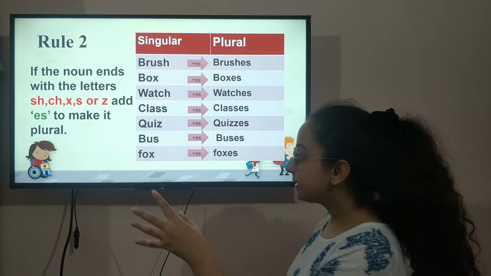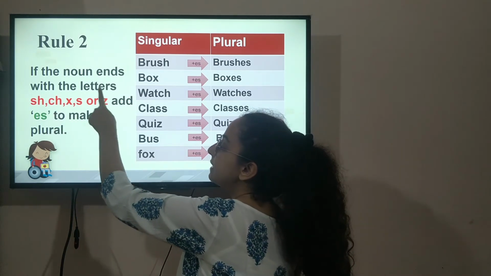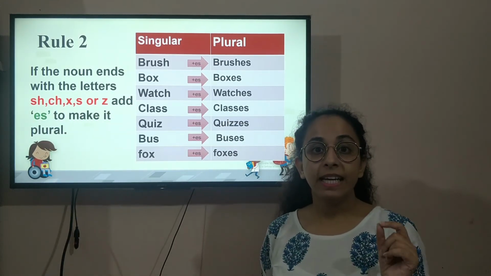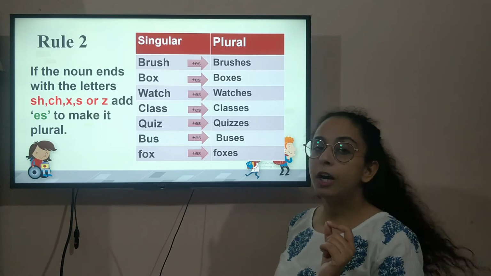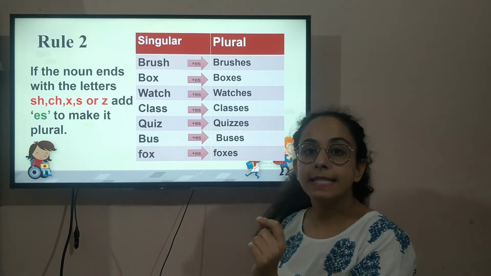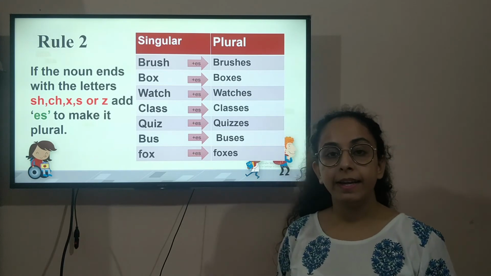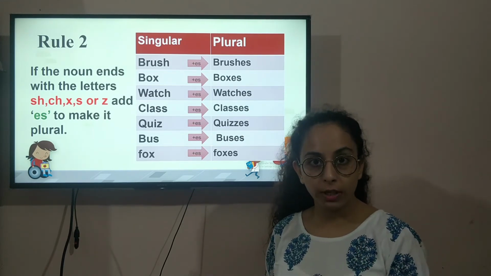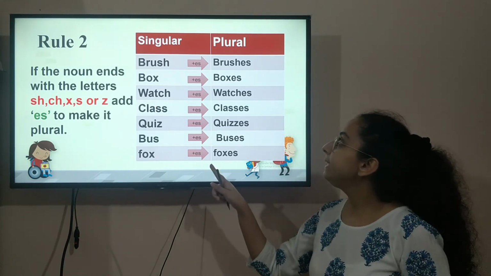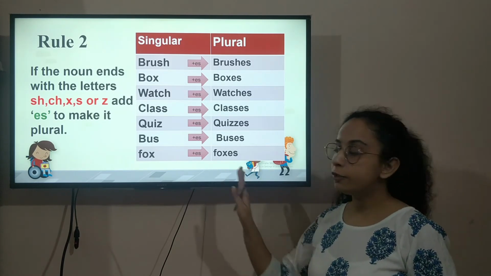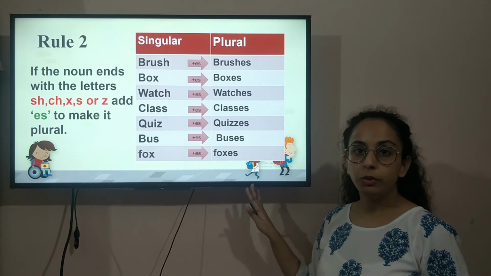Any word that is ending with these letters and making a hissing sound like brush, class, this is a hissing sound, in such words we add es to make it from singular to plural.